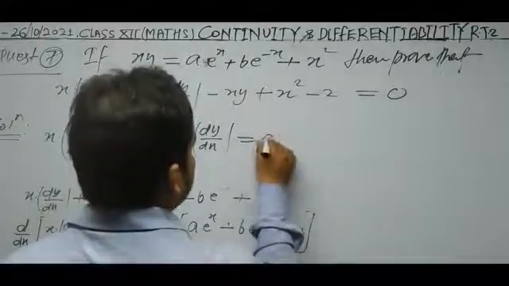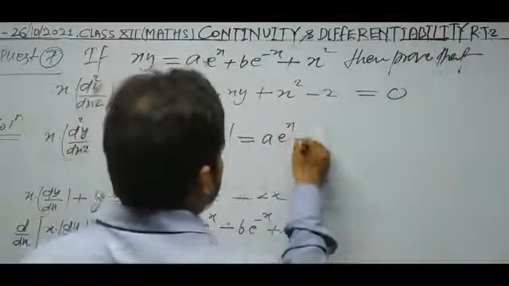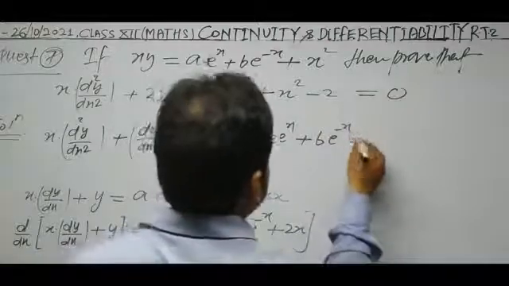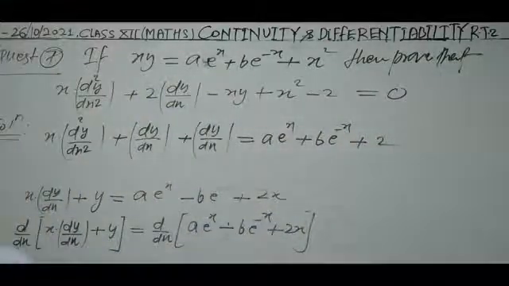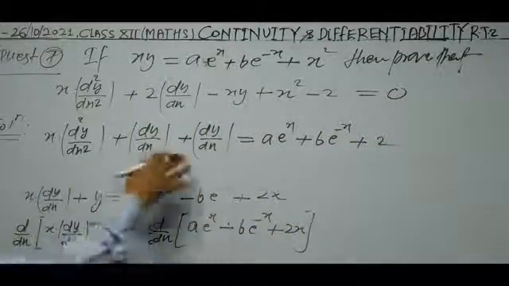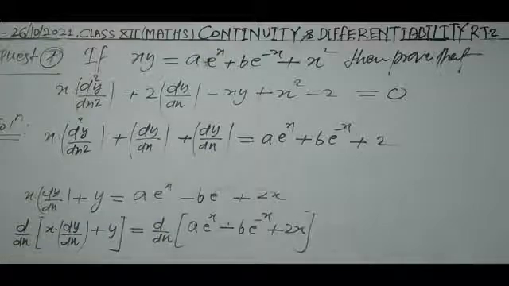is equal to, this result is same, a times e to the power x plus b times e to the power minus x plus 2. Now this result will be 2 times.